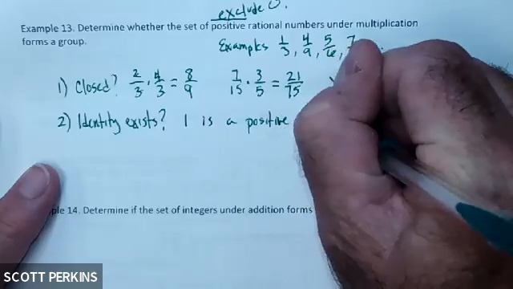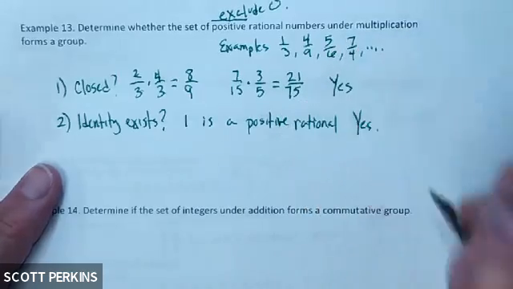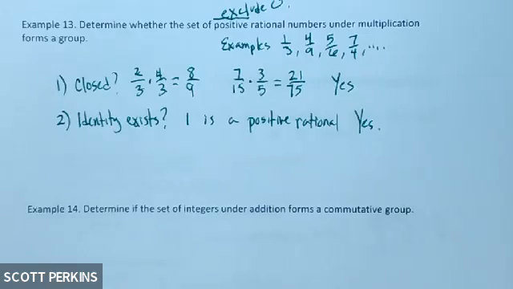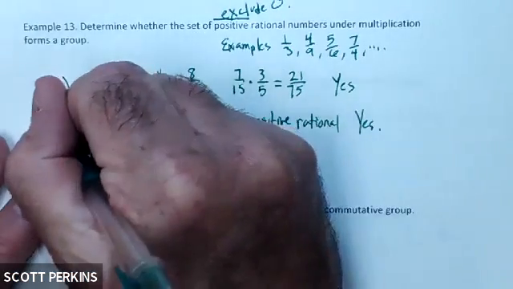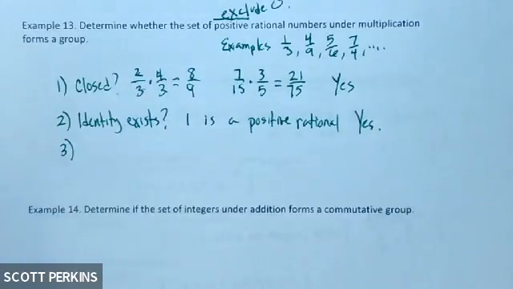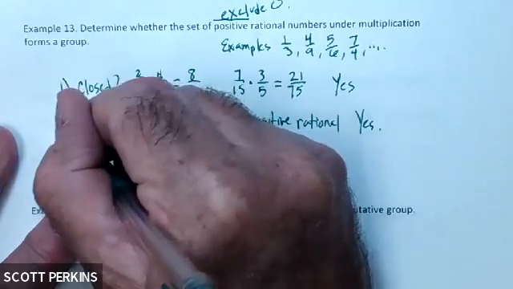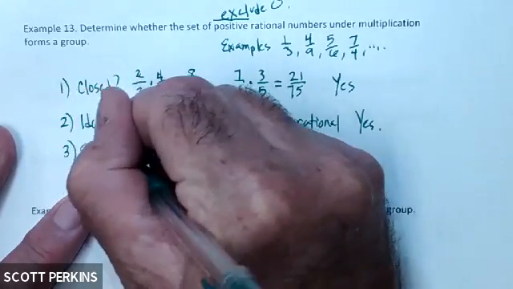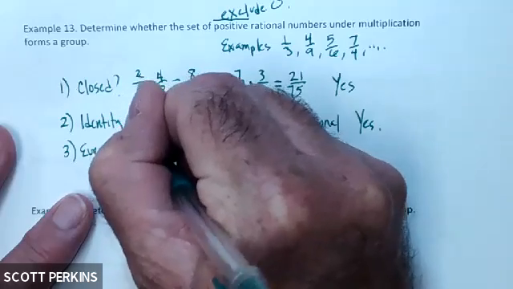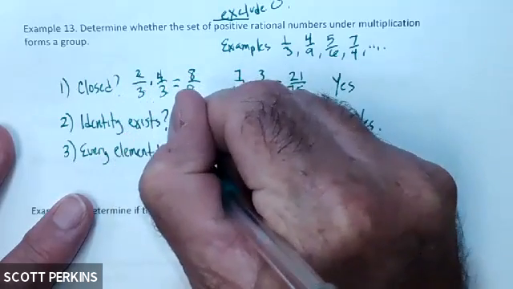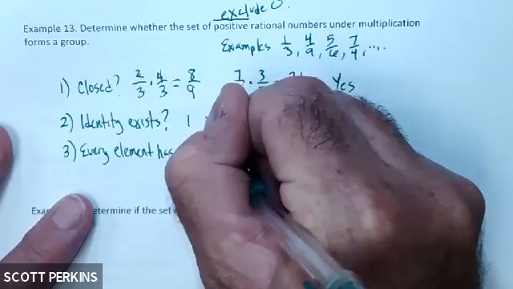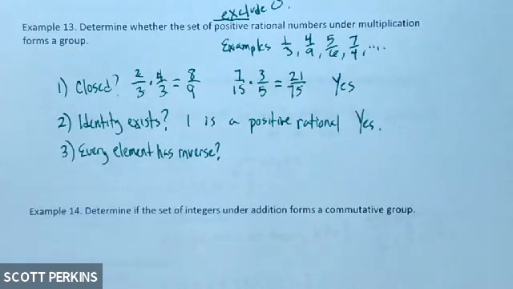So it's in the set. So yes. Okay, so we're doing good. Step 3. Does every element have an inverse? I'm just rewriting these because it helps us remember what they are.